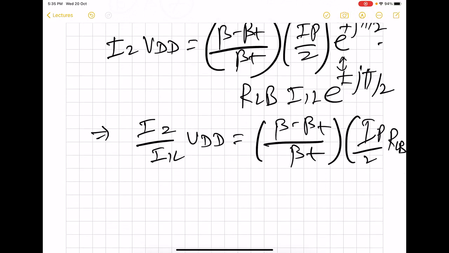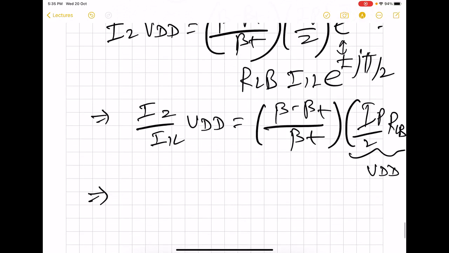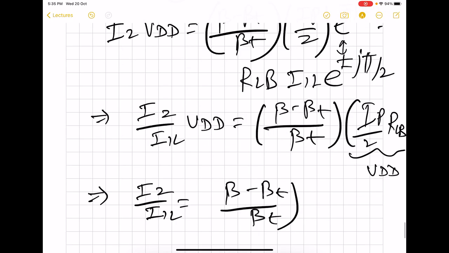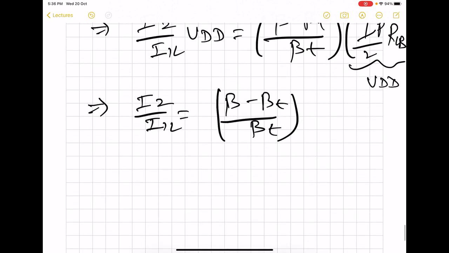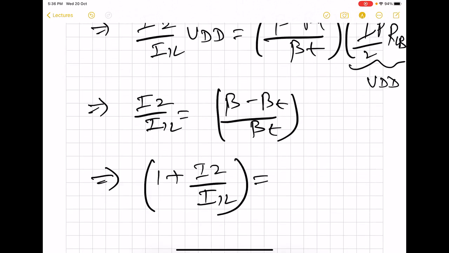and this is equal to VDD. So what we will have is I2 by I1L is equal to beta minus beta t by beta t. So this becomes 1 plus I2 by I1L is equal to beta by beta t.